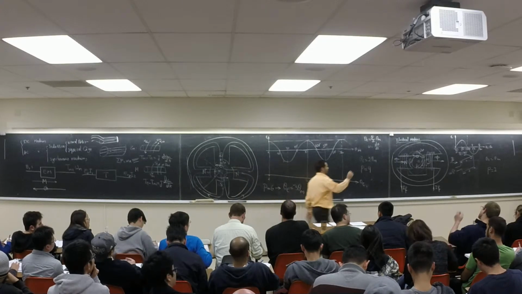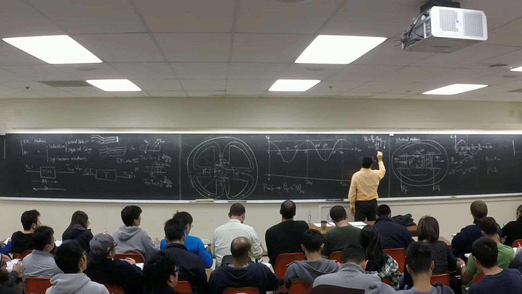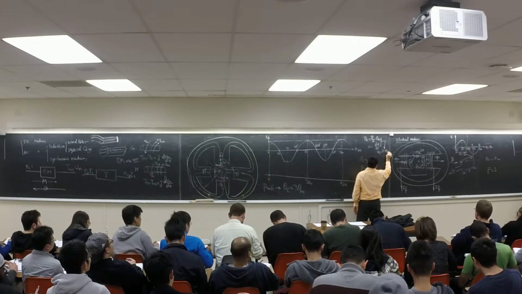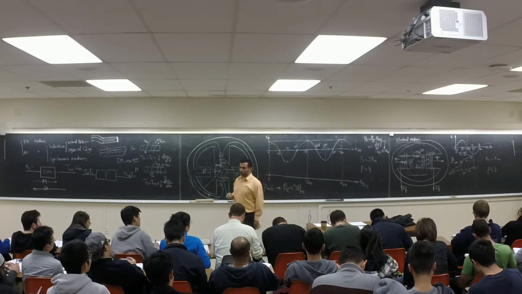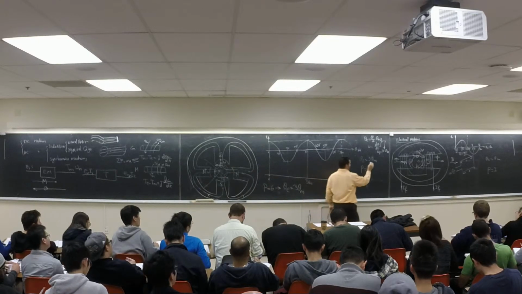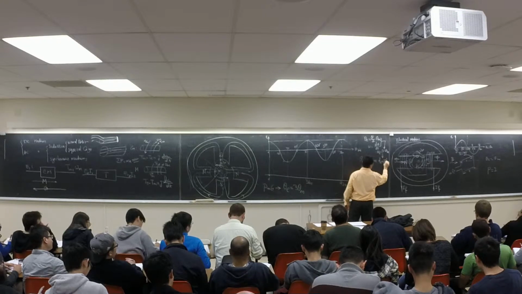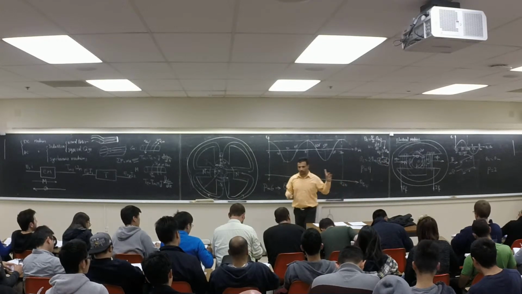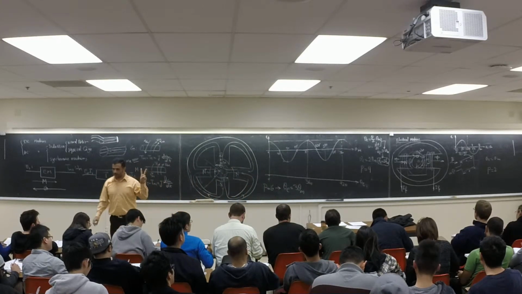So from this one, we can say omega E is 2 omega M, right? What is the omega? It's 2 pi f, right? So basically I can say Fe is equal to 2 f. So electrical frequency, for this circuit, is 2 times the mechanical frequency.